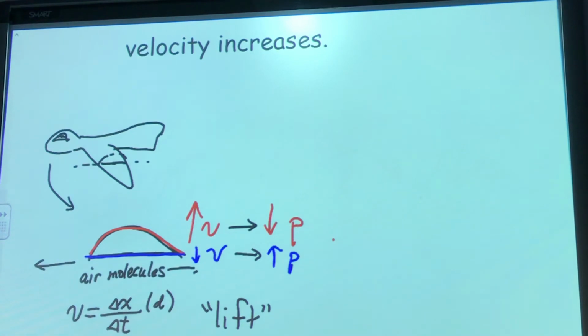It's going up. So what we get is this thing called lift, and it's used in many situations, many shapes of airfoils on cars. It's all about creating a situation where this object wants to move up, and that's lift. Bernoulli's principle.